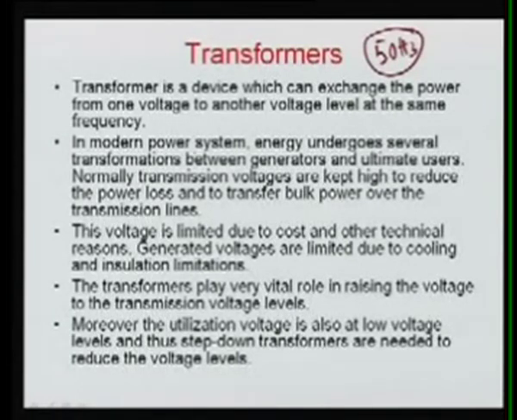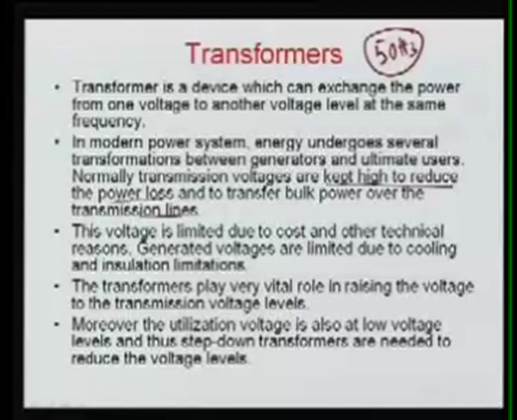In modern power system, energy undergoes several transformations between the generation, that is at generating stations, and the ultimate users, that is your customers. Normally, transmission voltages are kept high to reduce the power loss. As I said, we have to go for high voltage to reduce the loss and to transfer bulk power over the transmission line.